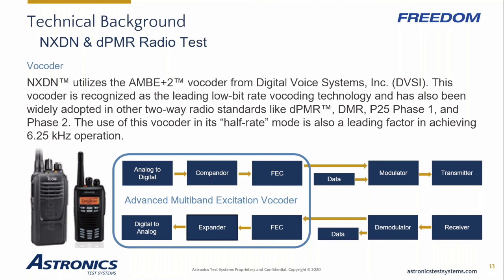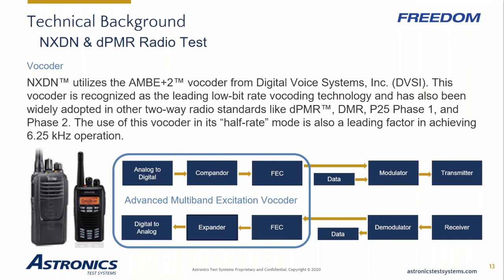On the receiving end, the received signals operate in reverse and convert the digital signal back into analog speech. If the radios are being used to send digital data instead of voice, the vocoder is bypassed, and the digital data is passed directly to the modulator and recovered directly by the demodulator.